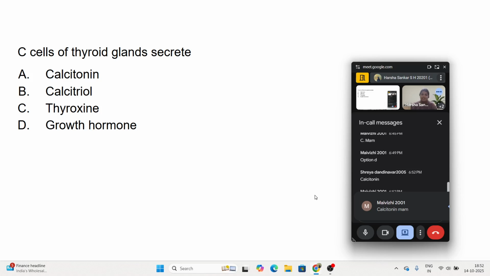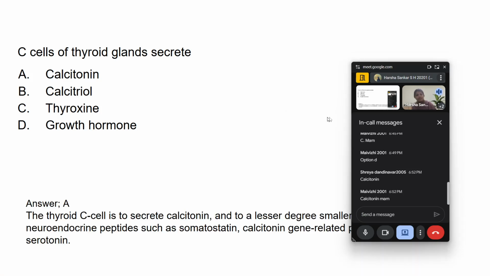Yeah. So both of you strongly believe it's calcitonin and it is correct. The C cells secrete calcitonin. It's a calcium regulating hormone, which is secreted whenever the body requires calcium balance. So the thyroid gland secretes calcitonin, and the correct answer is calcitonin.